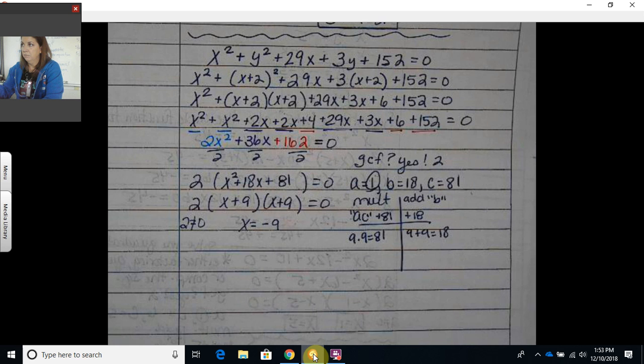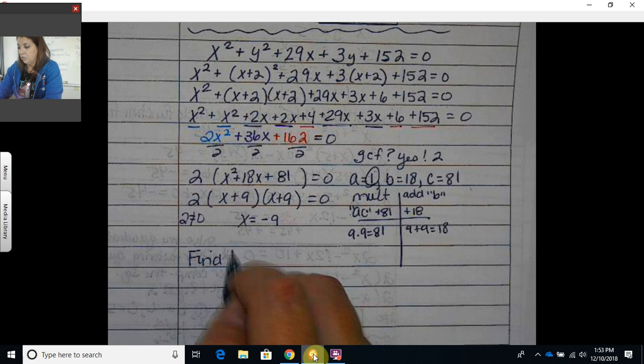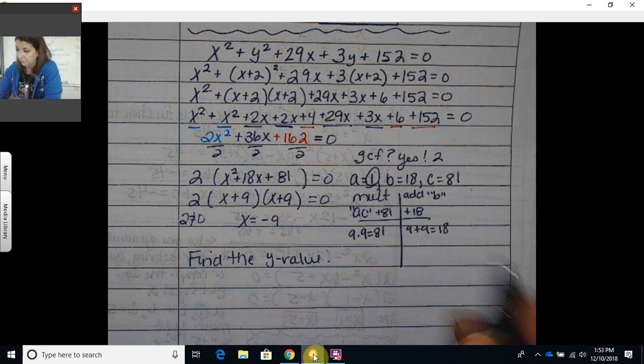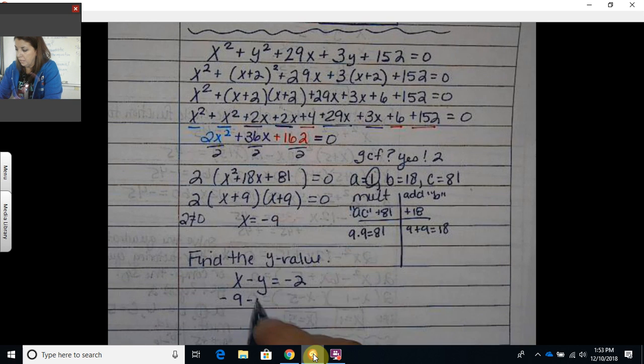So that's my x value of the ordered pair. How do I find the y value? Either original. Does it matter which one? No. So I'm going to use the line. But I got to be careful. Oh, wait. No, I'm thinking of that. So x is negative 9 minus y equals negative 2.